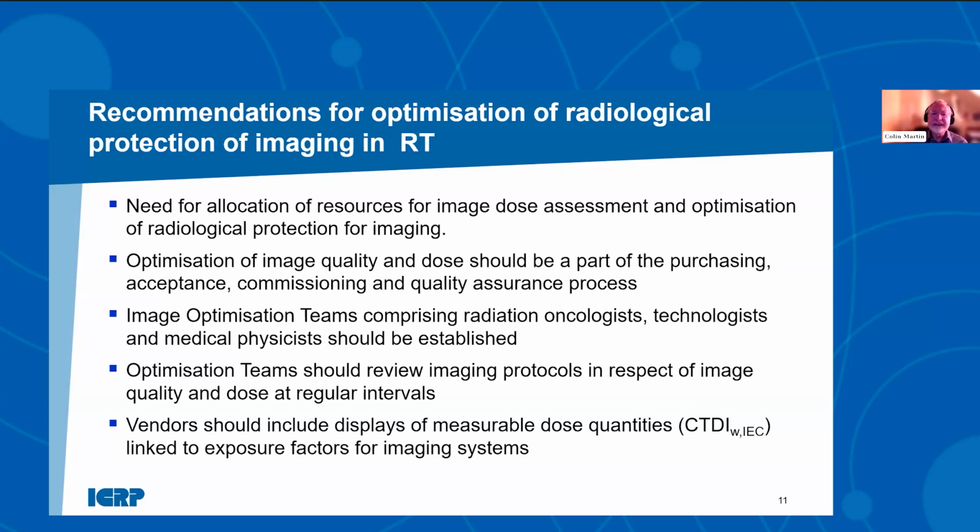Image optimization teams have been found to be quite useful or very useful in diagnostic radiology. So if you link together an oncologist, a technologist, and a medical physicist who focus on optimizing the imaging process, that can be a great help. And these teams can then review the imaging protocols in respect of image quality and dose at regular intervals.